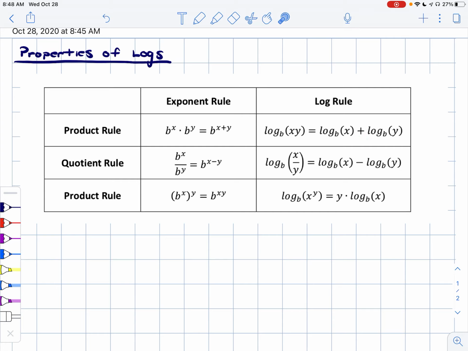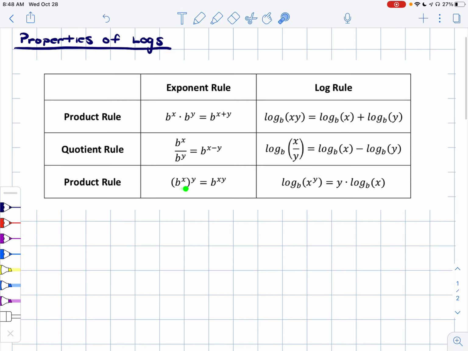All right, well, then if we think about our quotient rule, it's the same kind of relationship. When we divided, we subtracted our exponents. So over here, when we divide the argument of the log, it turns into subtraction of logs.